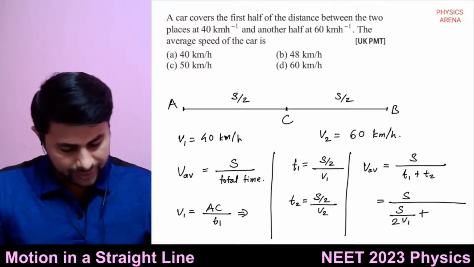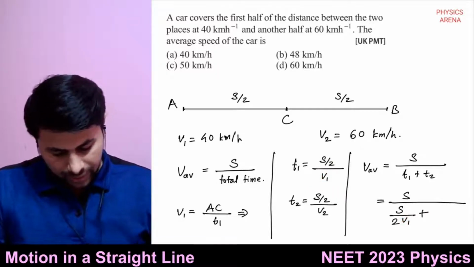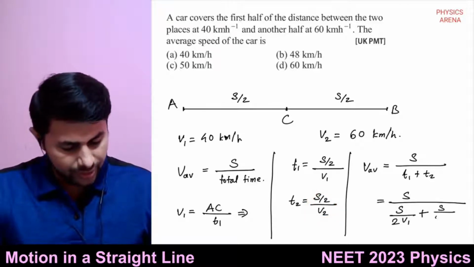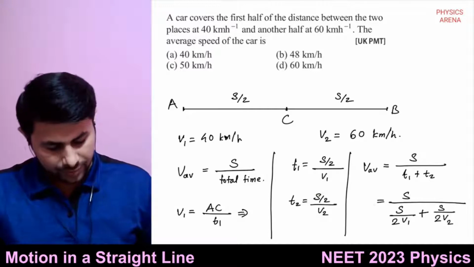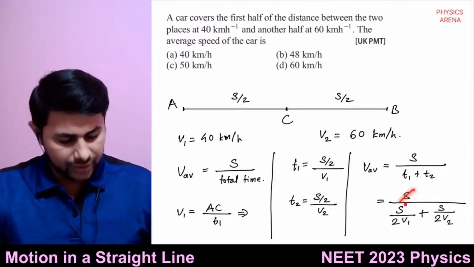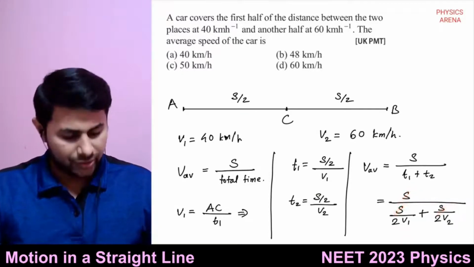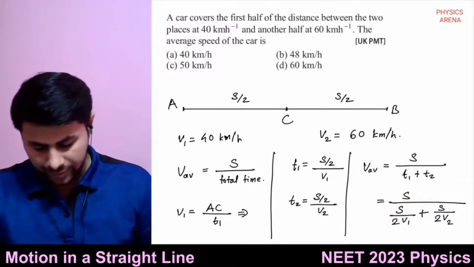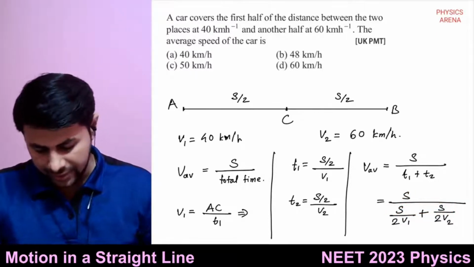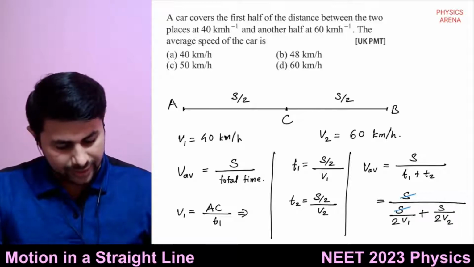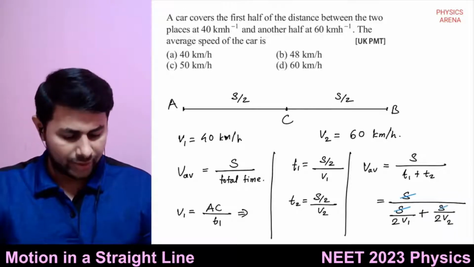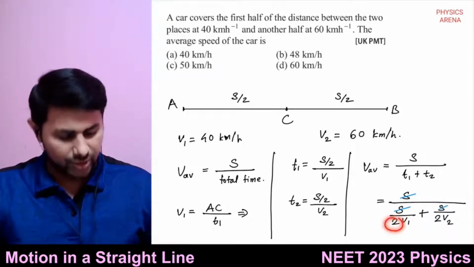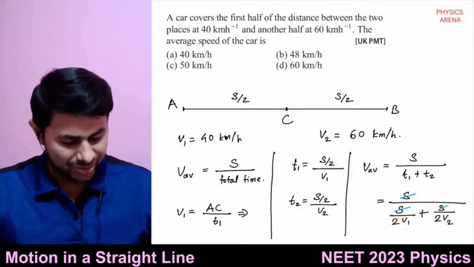And plus I have T2, which is S upon 2V2. Then you can take S common and cancel it out. So S gets cancelled. What are you left with?